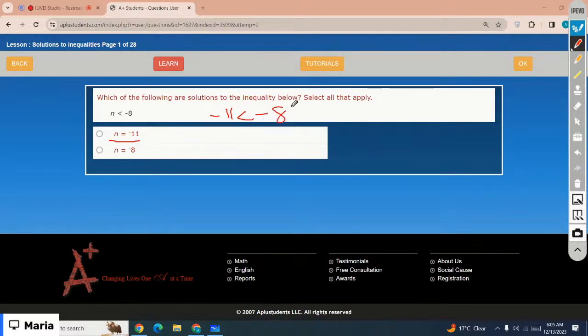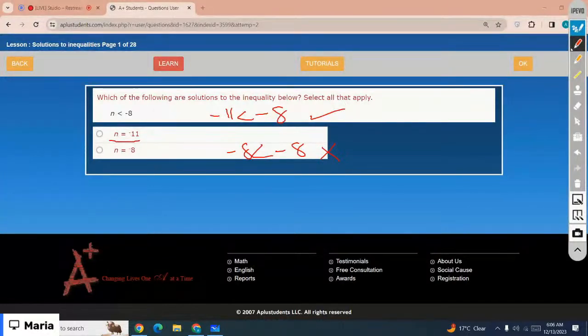Negative 11 is less than negative 8. Option 1 is the correct option. Negative 11 is smaller than negative 8, right? Negative 8 is less than negative 8. This is false. They are not less, they are equal, right?